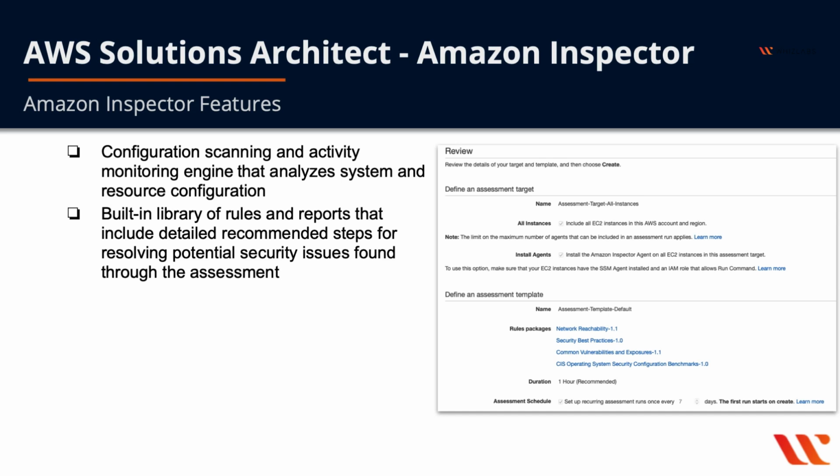And we show that here in a screenshot from building out an Inspector configuration. Under the Define Assessment template, you can see that we have rule packages that we're going to use. We're going to use the network reachability package, the security best practices, the common vulnerabilities and exposures, and the CIS operating system security configuration benchmarks.